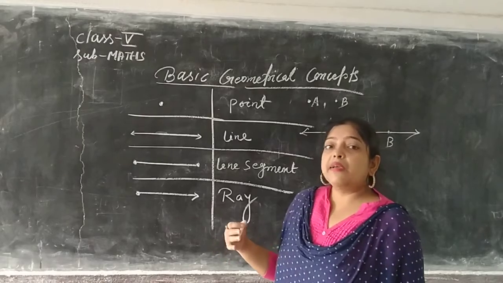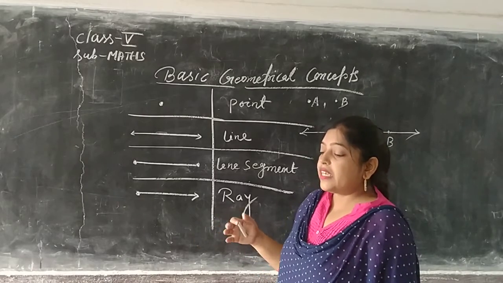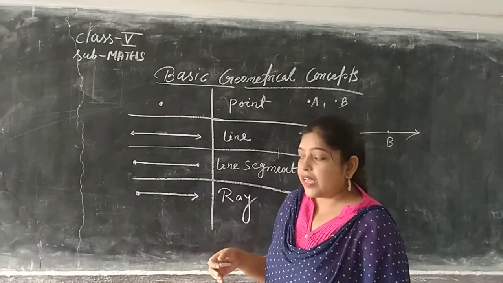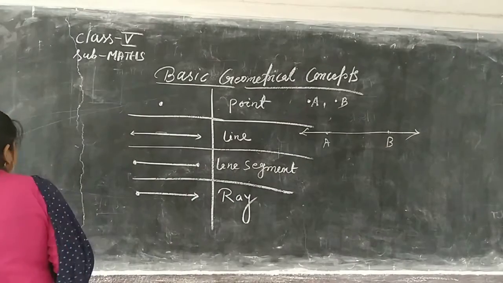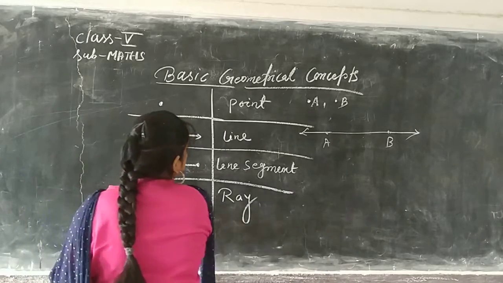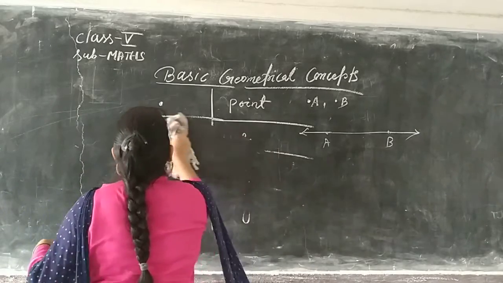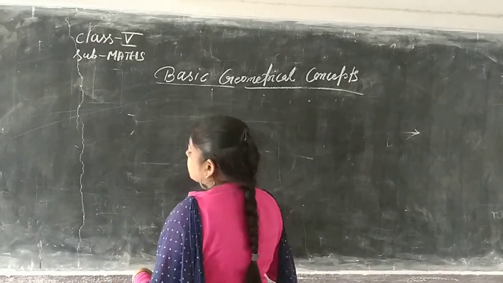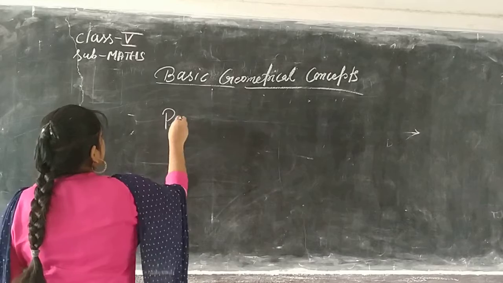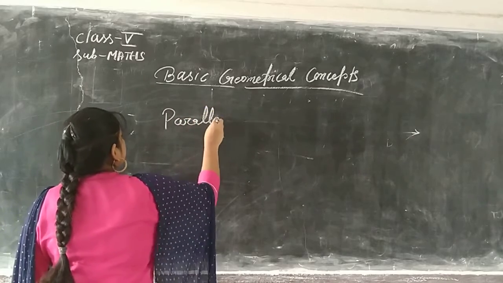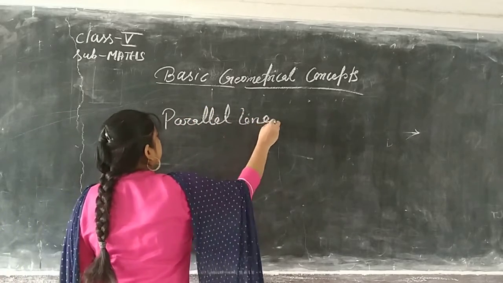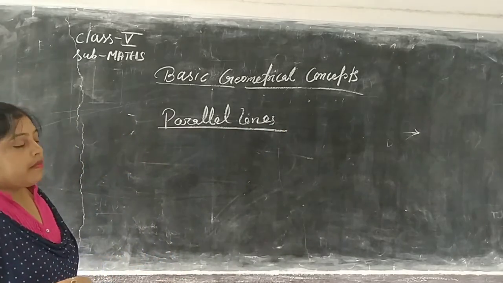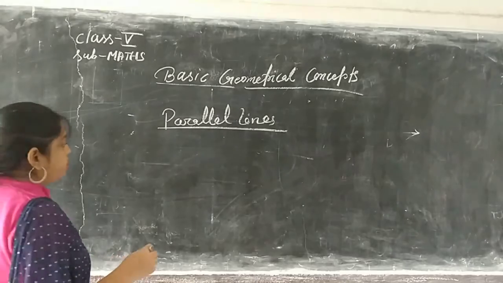Now, there are many types of lines. Next are the parallel lines. What are parallel lines? Parallel lines are two lines that never meet at any point.